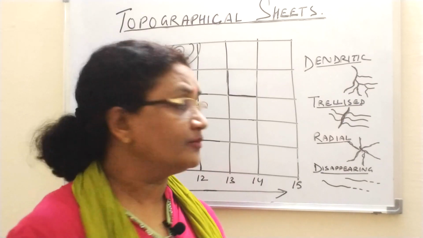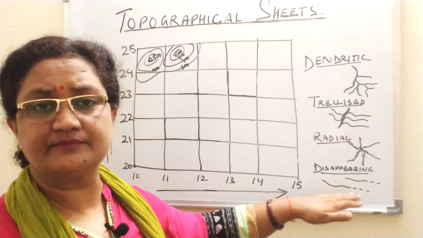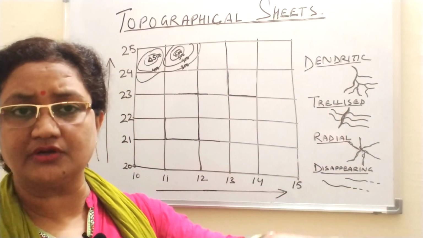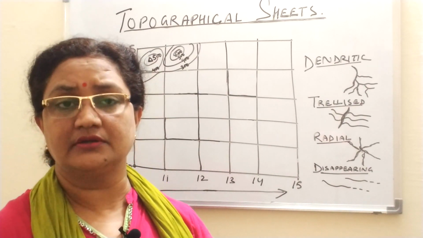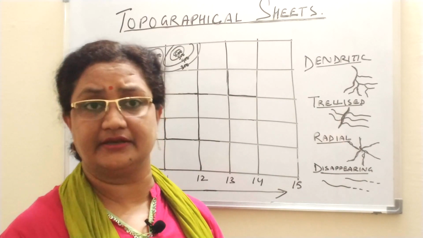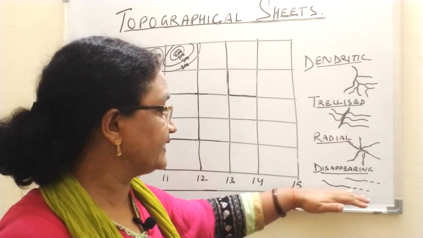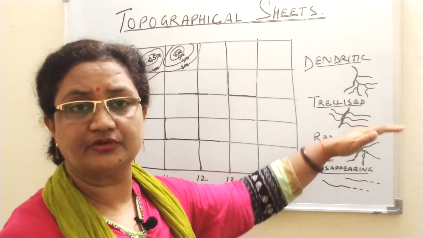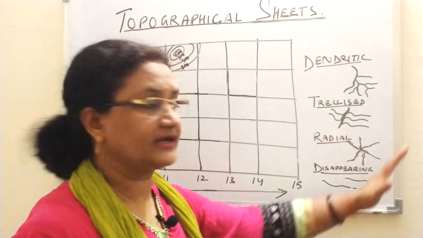Why is it called so? Because this stream normally will be like this, and after some time you will find that it has vanished. It has got submerged, it seeps down inside, right? It goes underground, and then again where it gets any hard rock, it comes up on the surface. Again it goes underground, again it comes up on the surface.